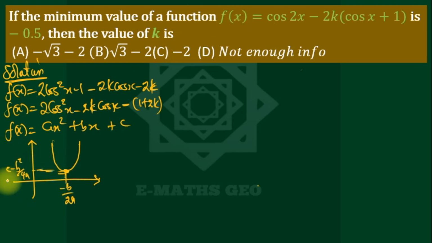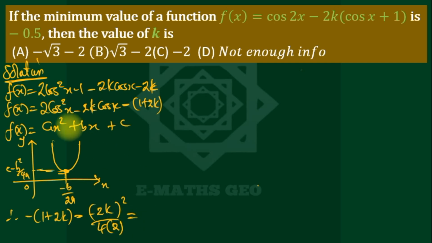So they gave us the minimum value as minus 0.5. So what is c from here? C is minus 1 plus 2k, minus b squared, b is minus 2k, all squared over 4 times a, here a is 2, must give us minus 0.5, which is minus half.